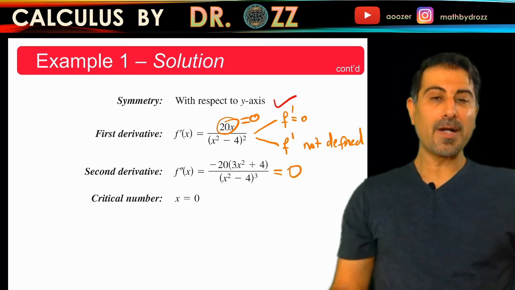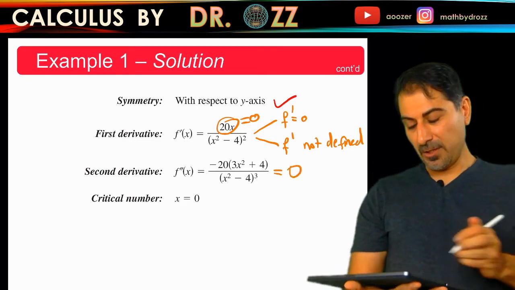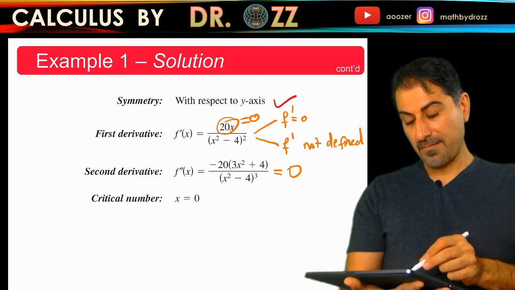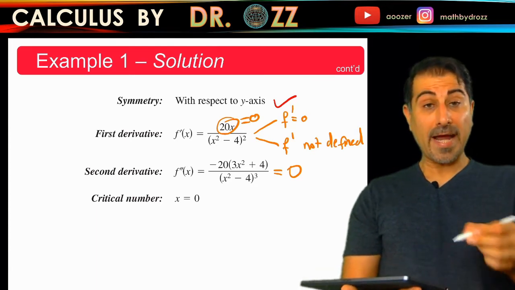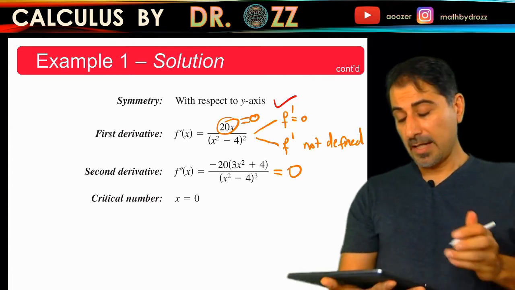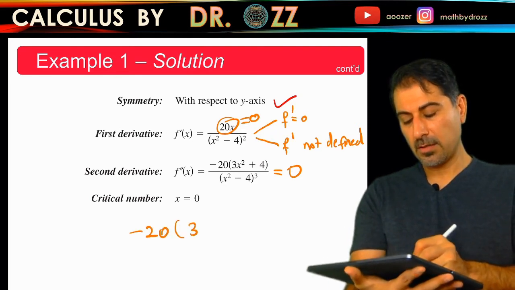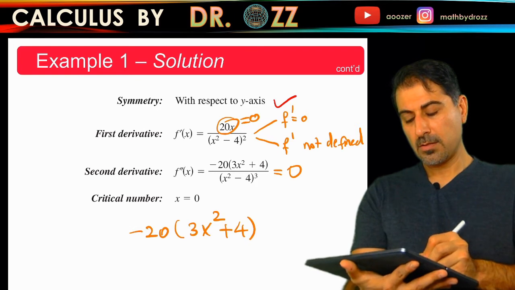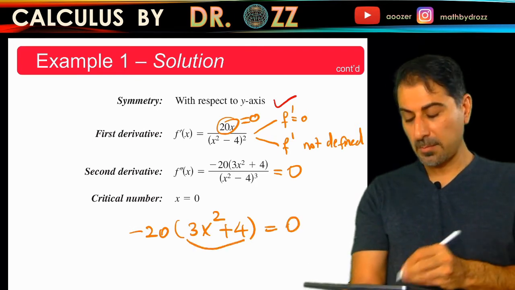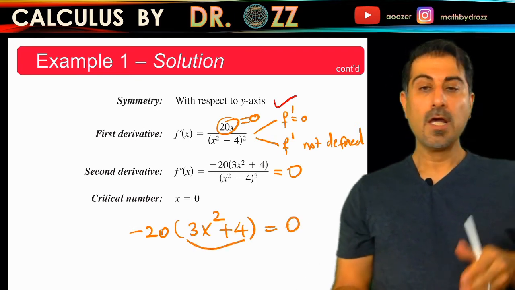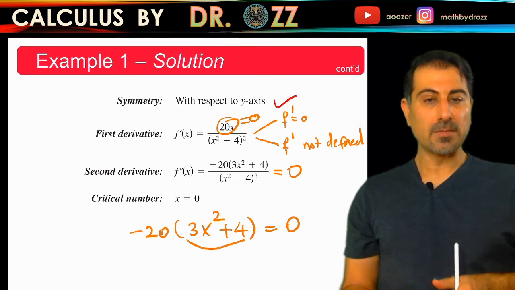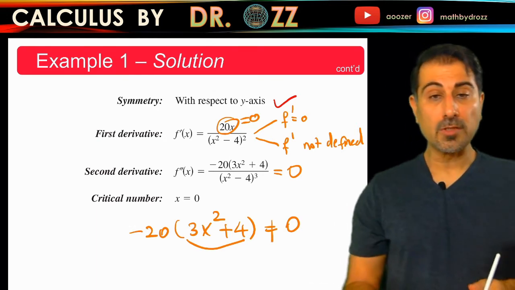We're going to set f double prime to 0. And if you look at this expression, if you're looking for x's that make f double prime 0, these are the ones making the top 0 only, but this is a positive number multiplying a negative number, so there's no way to make this expression 0. So in fact, this is not equal to 0.